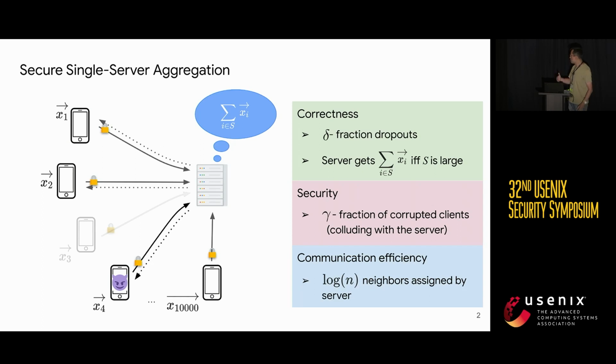Another important measure is that because this is a large-scale protocol, we want it to be communication efficient. The previous work already showed that there exists a protocol where every client just needs to talk to log many of its neighbors in order to establish this single server aggregation protocol.